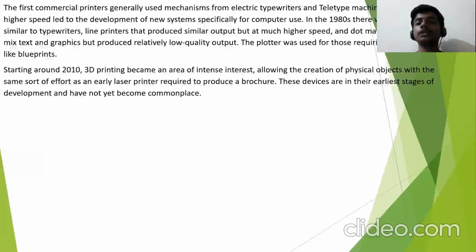In the 1980s, there were daisy wheel systems similar to the typewriters, and line printers that produced similar output but at much higher speed. Dot matrix systems could mix text and graphics but produced relatively low quality output. The plotter was used for those requiring high quality line art, like blueprints.